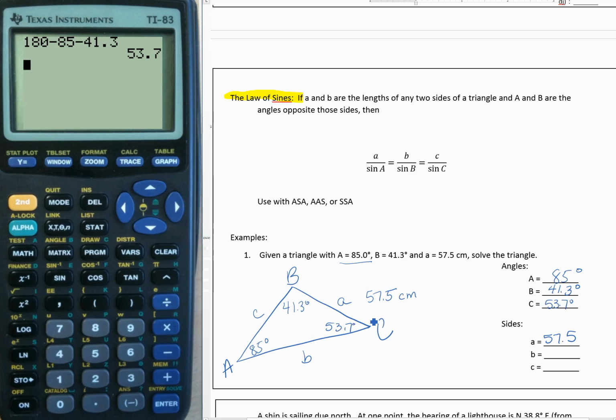Okay, now we're going to use the law of sines. And for the law of sines, you always have to have an opposite pair.